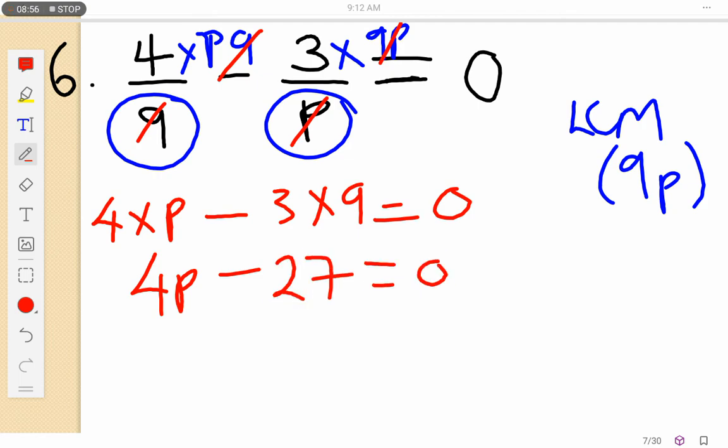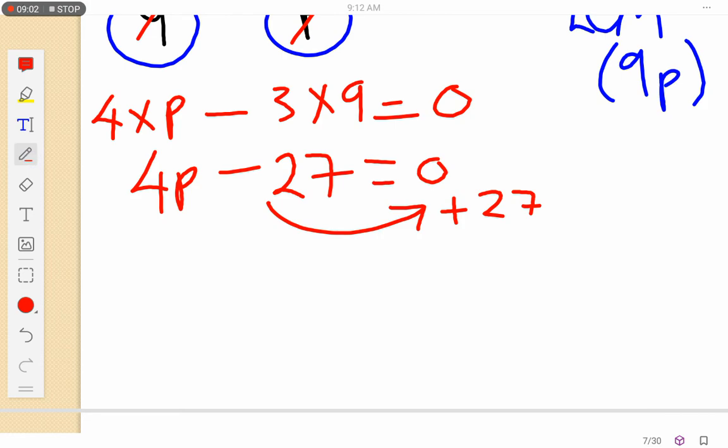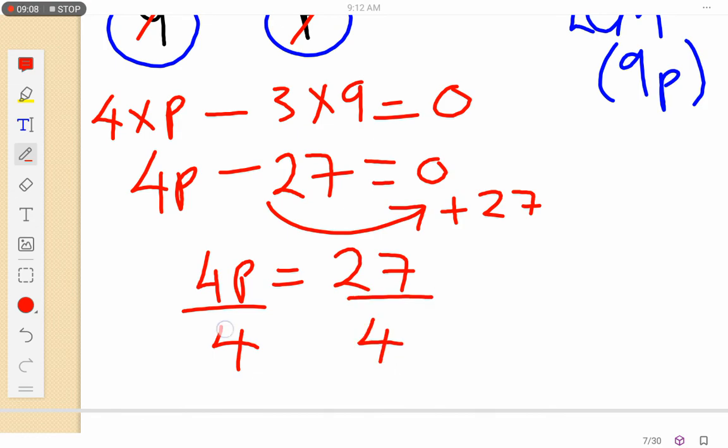Okay, now I can take this one to this side, and it becomes plus 27. Okay, so I'll have 4p is equal to 27. Dividing by 4 on both sides. Now we are left with 4 into 27.